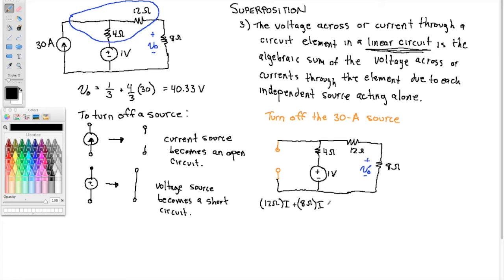Then I have an increase of 1 volt, so minus 1 volt, and then plus 4 ohms times whatever loop current is there, and that equals 0. Let me solve that for I by combining like terms. 12 and 8 is 20, so 24I equals 1 volt.